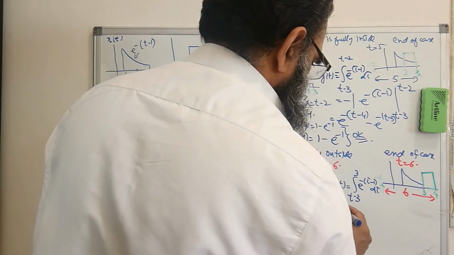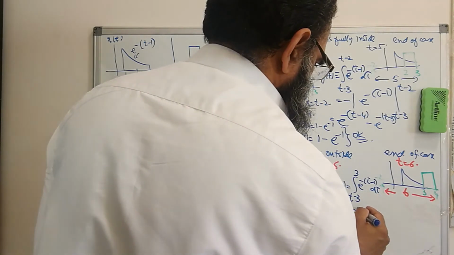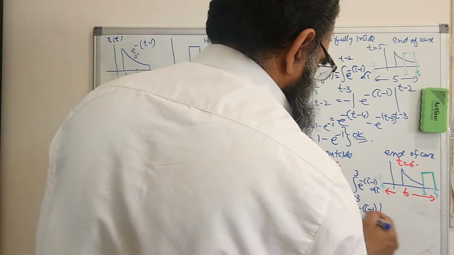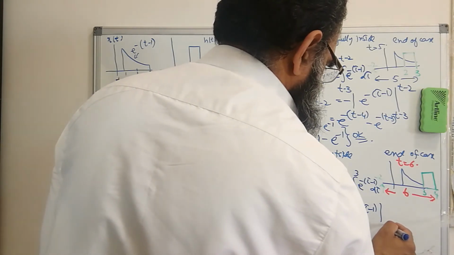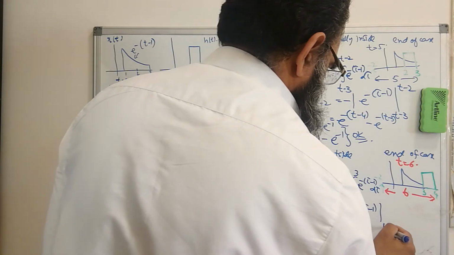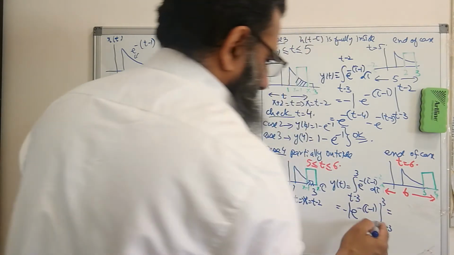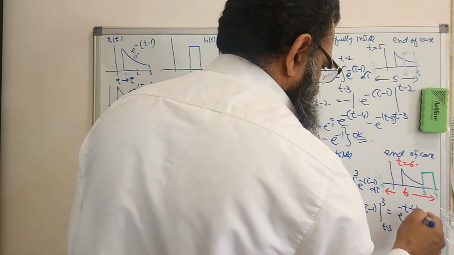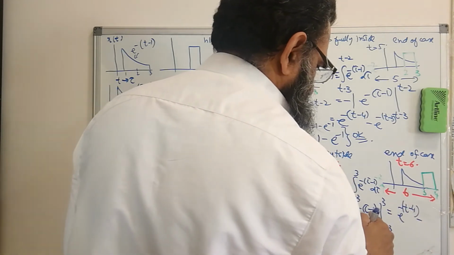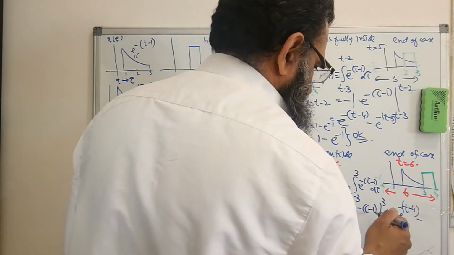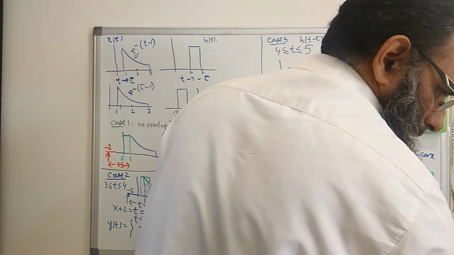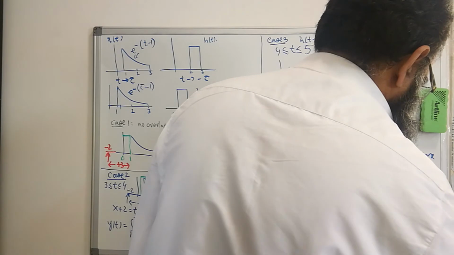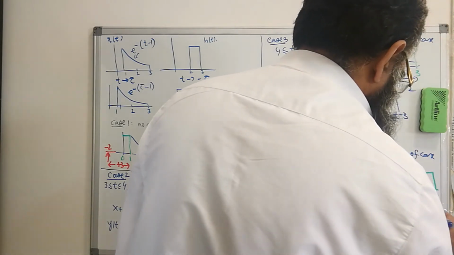Evaluating, it will be e raised to the power minus (t minus 4) minus e raised to the power minus (3 minus 1), so minus 2.